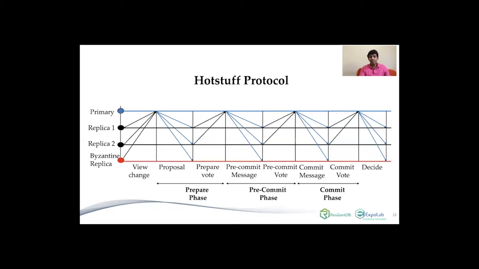Because PBFT and SBFT allow one primary to send a lot of requests. He can just assign a sequence number. He does not need to wait for the previous request to complete consensus before he can send the next request. While this is sort of enforced in HotStuff, because each primary can only propose a request or a batch of requests, but he cannot send multiple batches at the same time.